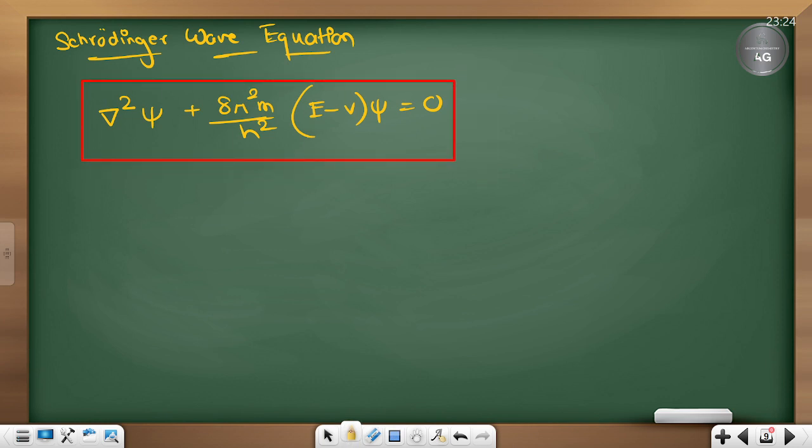Clear? Del squared psi plus 8 pi squared m by h squared (E minus V) psi equals 0. This is just the Schrödinger equation.